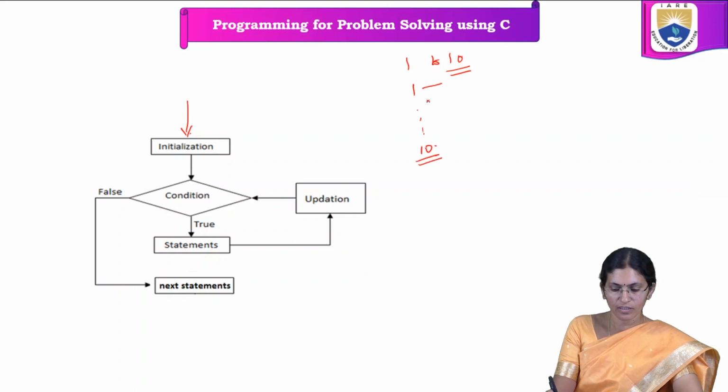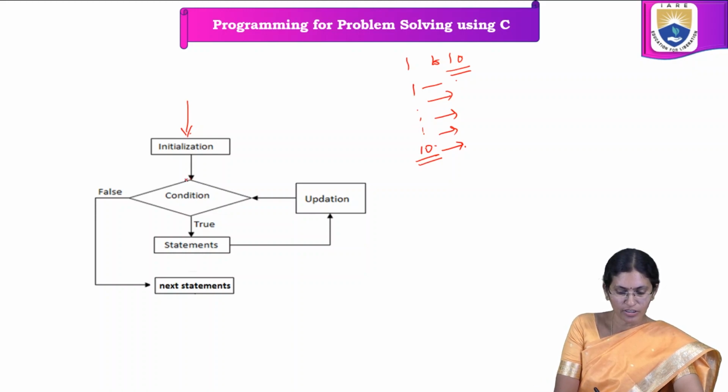For each value you need to check the condition. If the condition is satisfied, only then the body of the loop will be evaluated. If the condition is true after initialization, the set of statements inside the body of the for loop will be executed. Then the updation step is carried out.